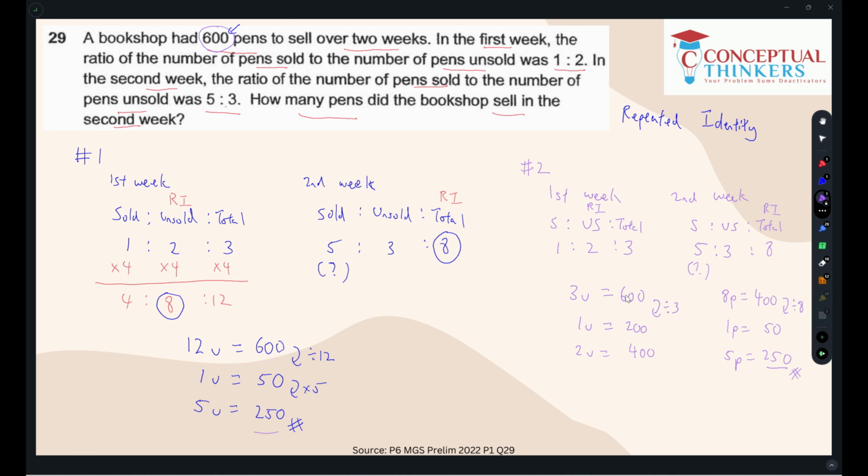For the second method, you treat them as two different unit sizes to do the question. Some students prefer this way, but you still need to identify which identities are matching so that you can link them together. So this is the way that we approach this question.